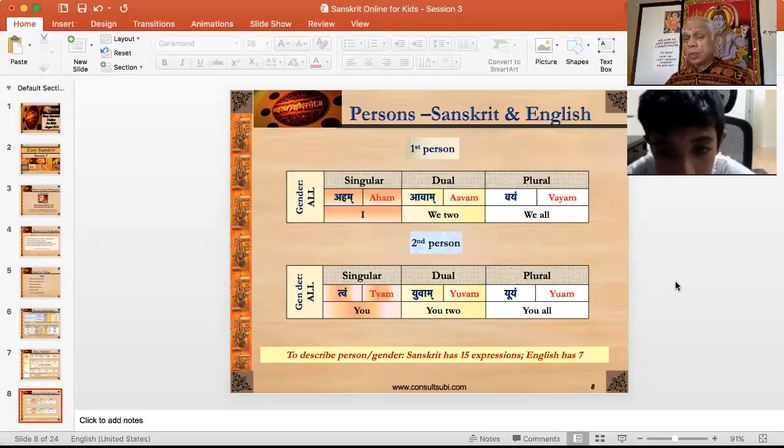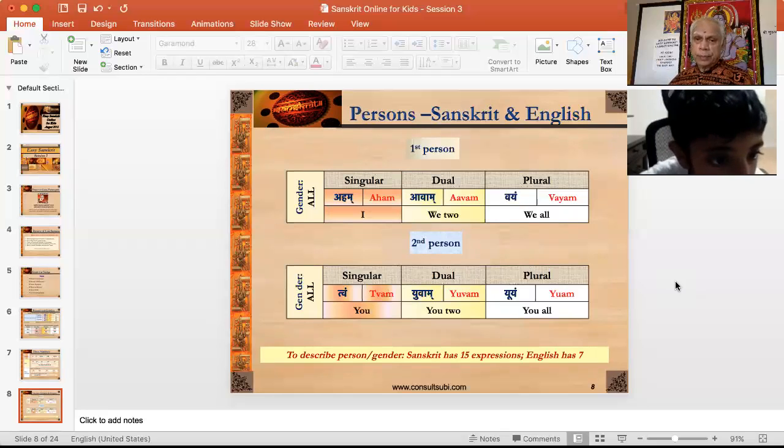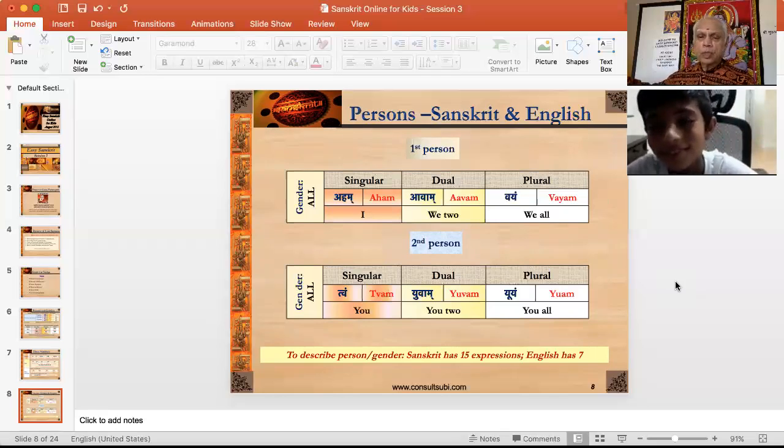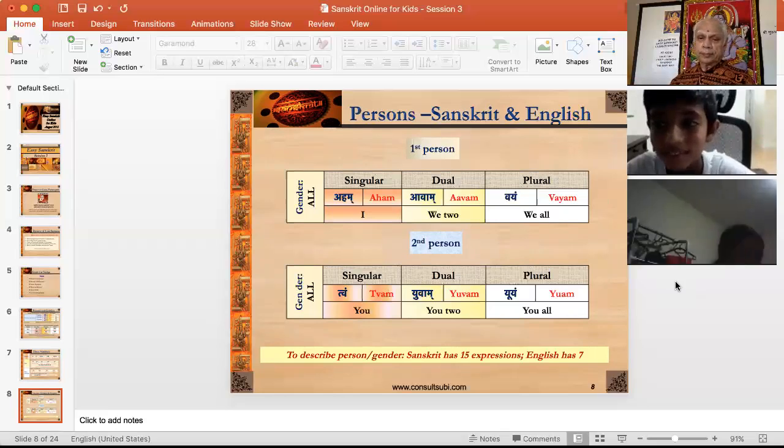But if there are more than 2 people, or there are many students, then you say Vayam, we all. So for first person, you can use these words for all genders. But the number is important here. Aham refers to only one person, I. If there are 2 people, Avam, we 2. And if it's Vayam, more than 2 people, multiple.